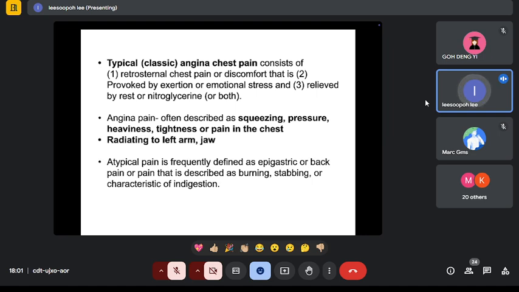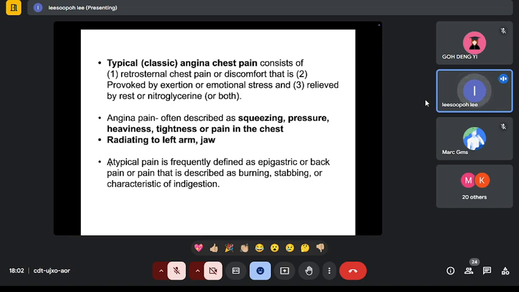Typical angina chest pain will be provoked by emotion, or by exertion like climbing upstairs, or emotional or psychological stress as well. And it can be improved with GTN, nitroglycerin, the medication that people put under the tongue. The typical pain that people describe will be heaviness, and it can radiate to the left arm and the jaw.